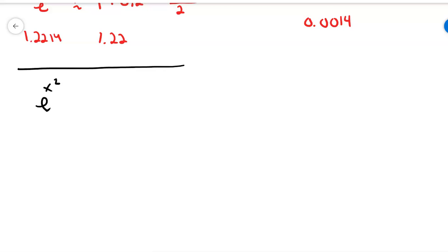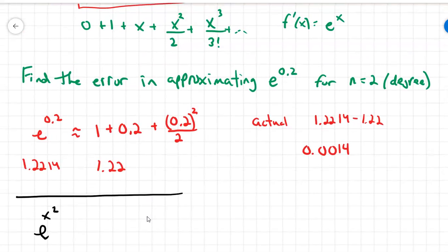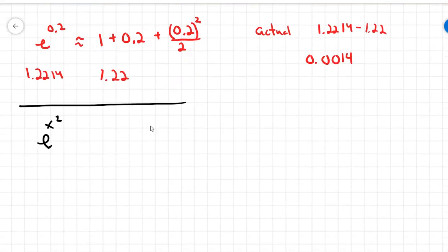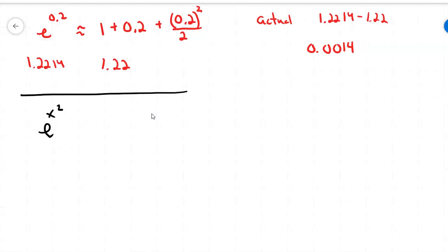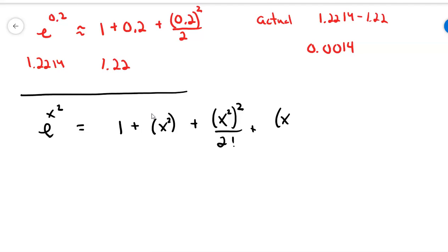Well, if e to the x is 1 plus x plus x squared over 2 factorial plus x to the third over 3 factorial, then this would end up being 1 plus, instead of x, we'll have an x squared, plus x squared squared over 2 factorial, plus x squared to the third over 3 factorial, plus x squared to the fourth over 4 factorial, and so forth.